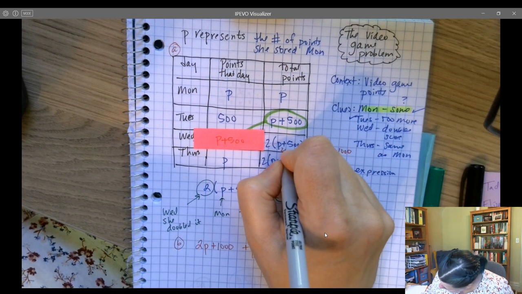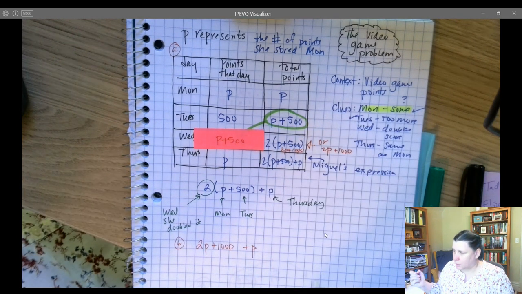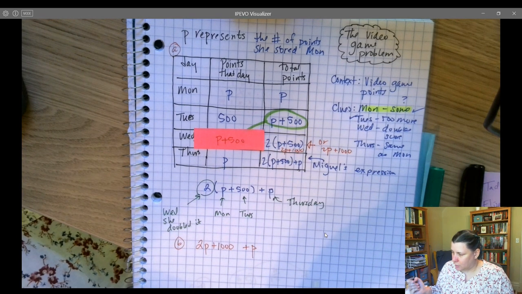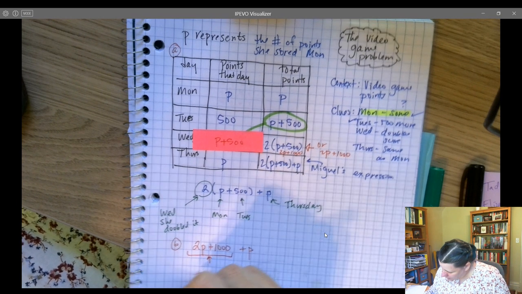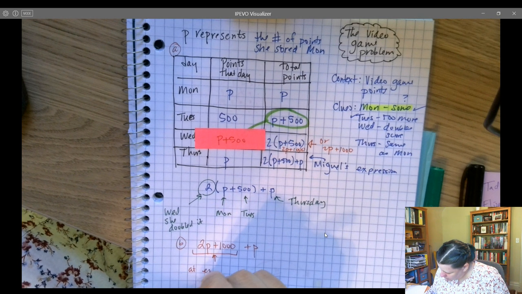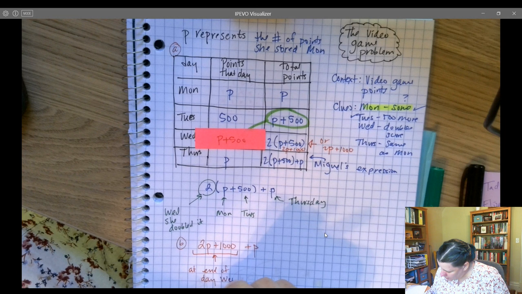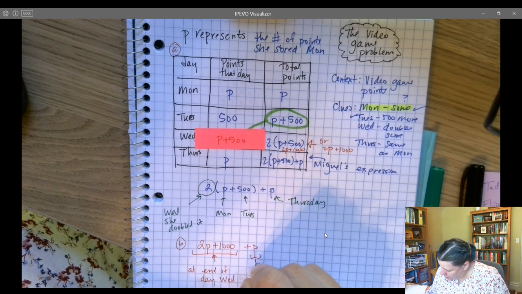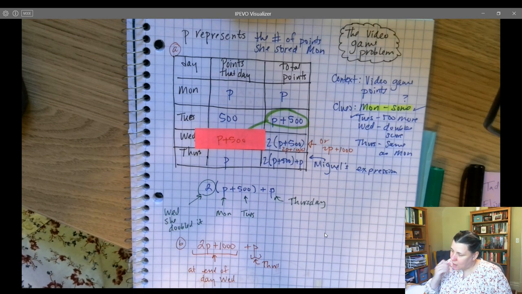So 2P plus 1,000. 1,000 has 3 zeros in it, is equivalent. Sorry, that's so small. So this is the amount she had at the end of day on Wednesday. And then this is the amount that she had on Thursday. Okay.